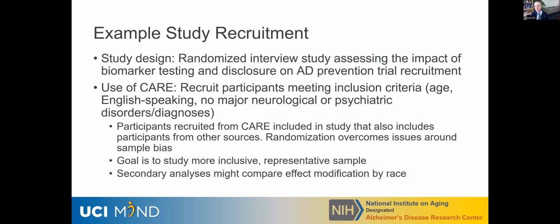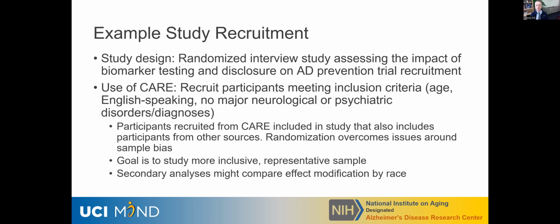Again, important considerations to be made include that this is a population who has enrolled in a recruitment registry. I know that registries are increasingly utilized tools throughout the field, very powerful opportunities to try to accelerate recruitment.